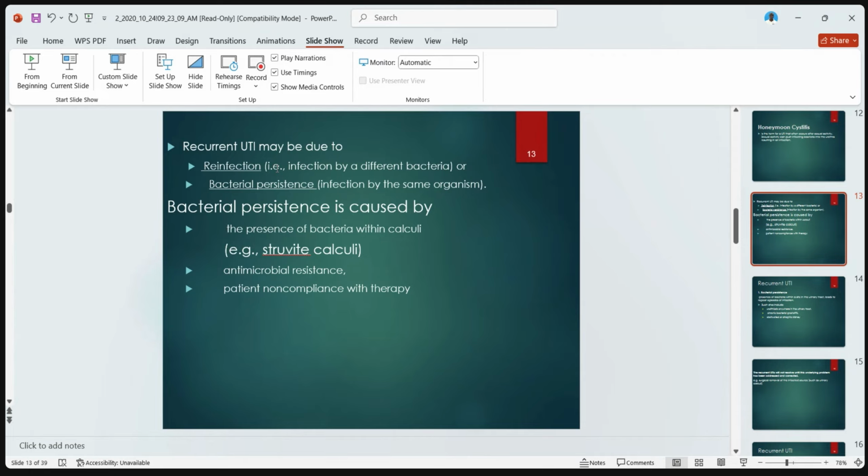Or you are infected by another bacteria, and then after some time, you're reinfected again with another strain or another species of bacteria. And so that is reinfection.